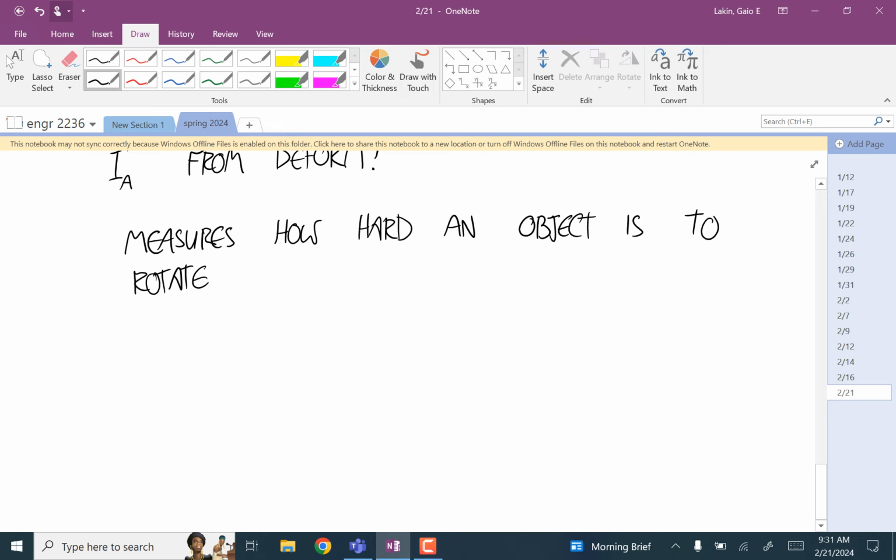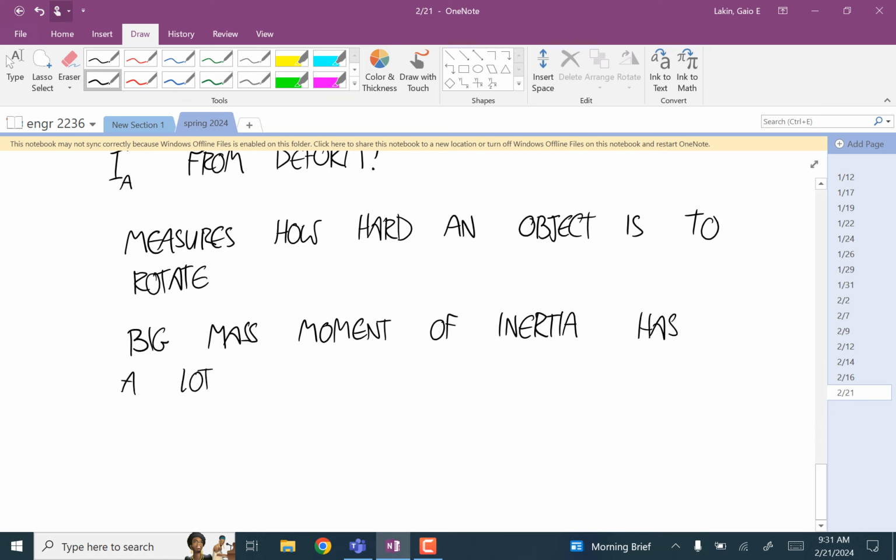A big mass moment of inertia has a lot of mass situated far from the axis of rotation.